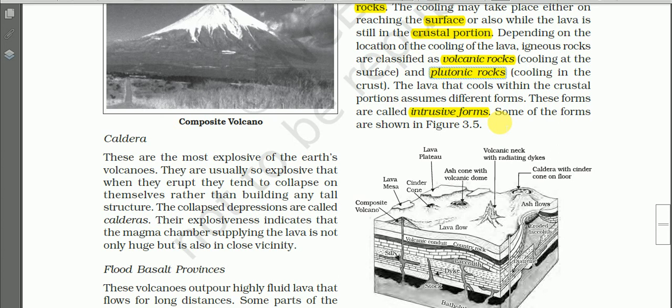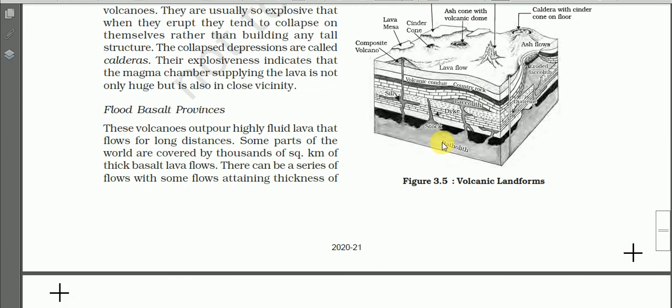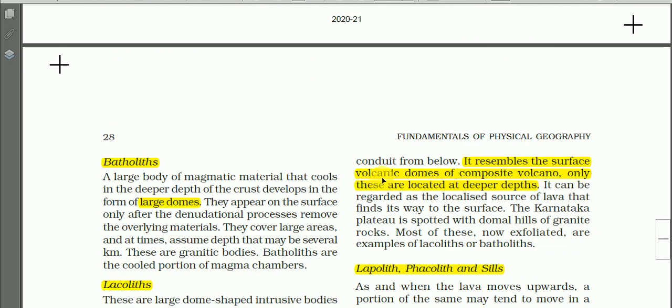And if lava cools within the crustal portion, it takes different forms, different shapes, and these forms of magma or lava in the earth interior are called intrusive forms. These are known as intrusive forms, as given here. See, Batholith is an intrusive form, Dike is an intrusive form, as given here.